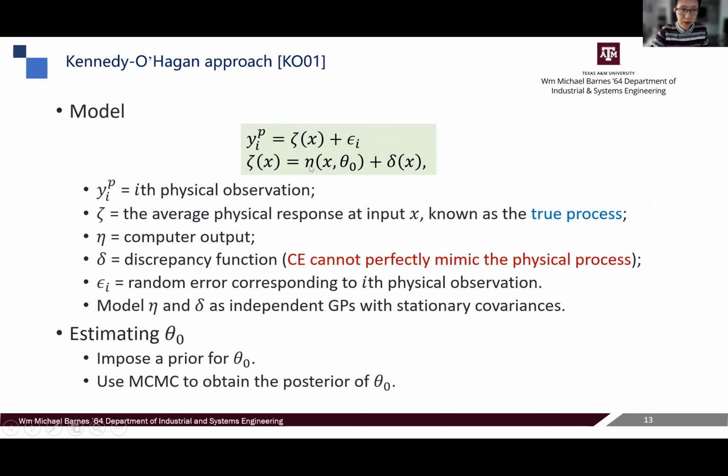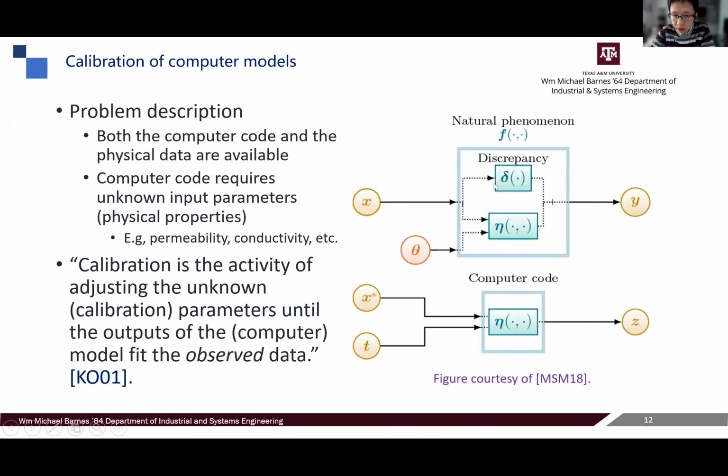In this model, the method was introduced by Kennedy and O'Hagan. There has been more work done after this seminal paper, including some of my own work. But the basic idea is to use GP to fit each part of this model. One important part is the so-called discrepancy. The idea here is that a computer simulation, no matter how accurate or how complex the model is, cannot 100% recover the reality.